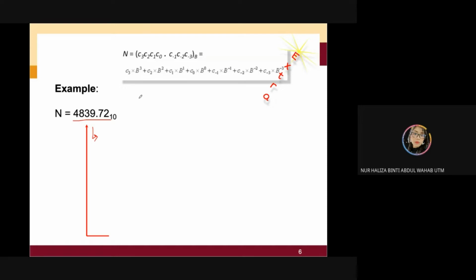Last time I informed you that you're going to have 10 to the power of 0, 10 to the power of 1 to the left, 10 to the power of 2, and so on. And to your right, it's going to be negative: 10 to the power of minus 1, 10 to the power of minus 2.